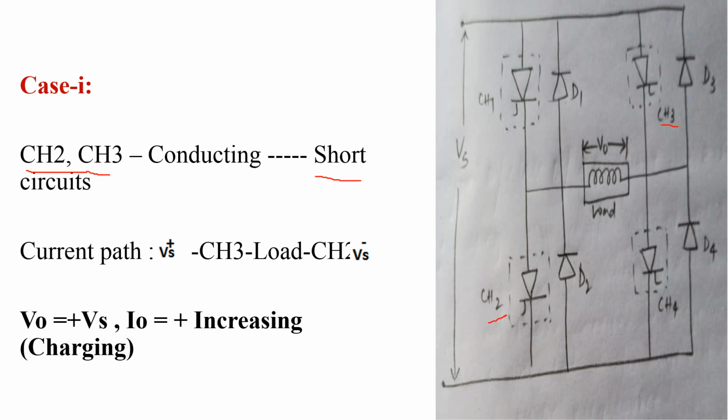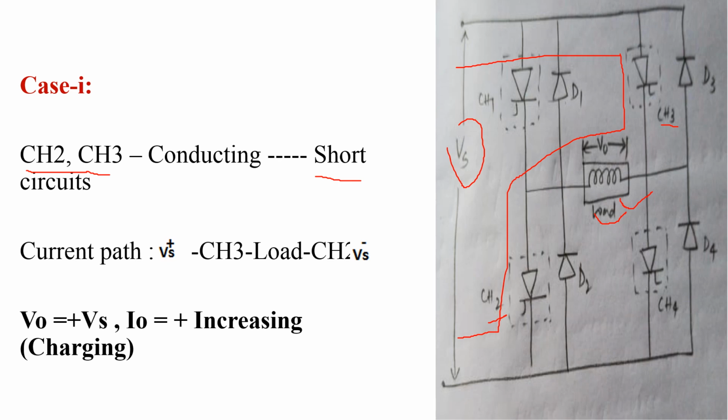There is a path for current from source to load in the direction of Vs plus, CH3, load, CH2 and Vs minus. Means total input voltage appears across the load V0.